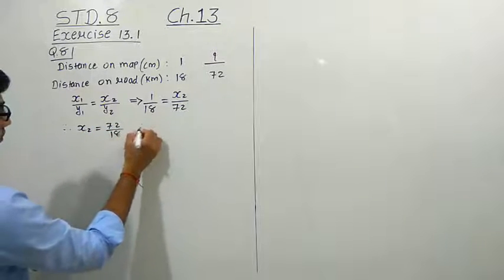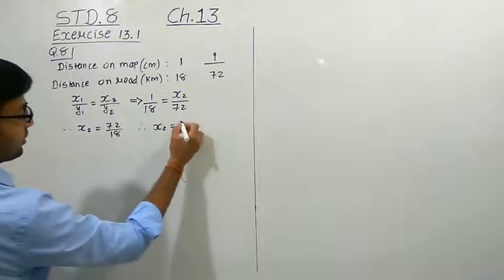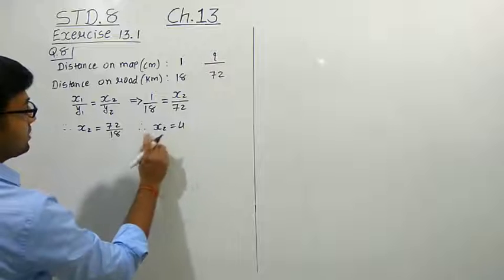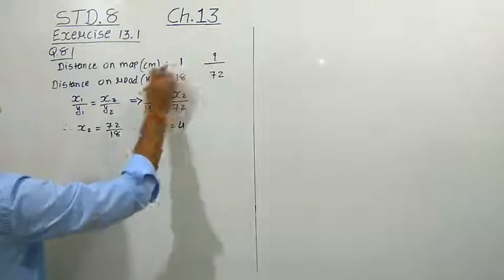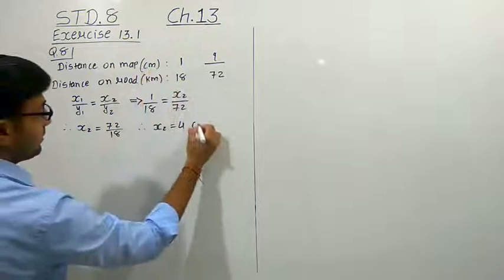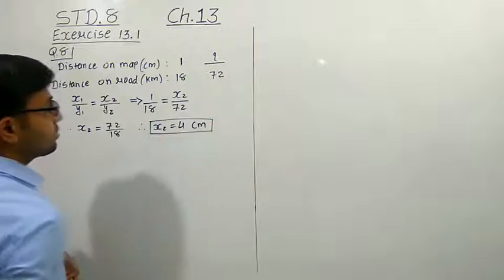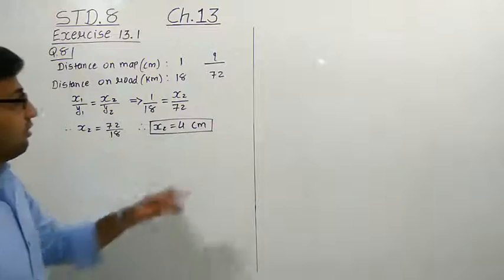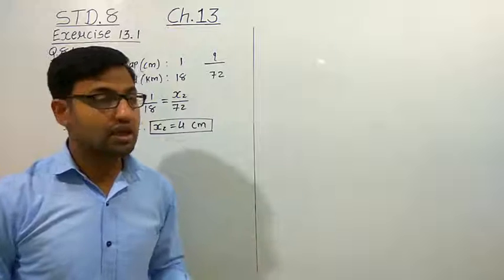Therefore x2 is equal to 4. This is the distance x2 we get on the map, and the unit is centimeter. So the distance on the map is 4 centimeter, right? Whereas the actual distance is 72 kilometer on the road.